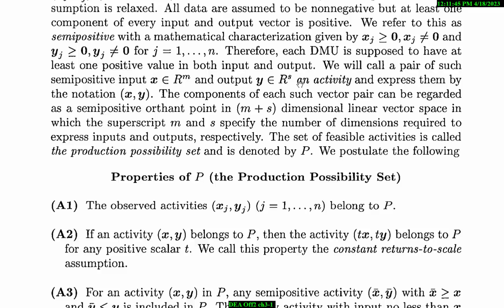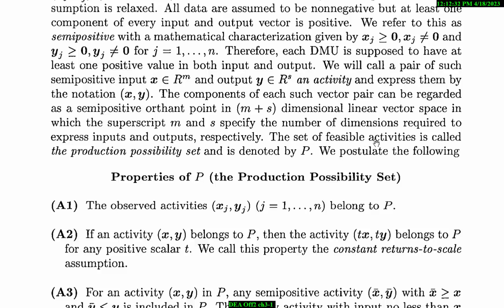This pair is called an activity and we express it by the notation pair of X and Y. So the components of each such vector pair can be regarded as a point in the semi-positive orthant of the m plus s dimensional linear vector space, in which the subscripts m and s specify the number of dimensions required to express inputs and outputs respectively.